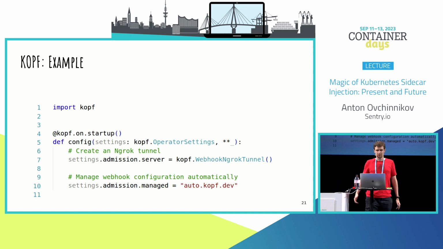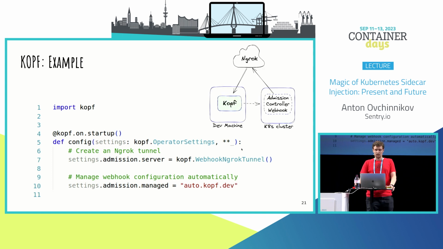In just a few lines of configuration, we initialize the Kopf application. And the cool thing is, Kopf is doing a good job of helping you develop locally. For example, in this case, we actually create an ngrok tunnel. ngrok is the service that allows you to expose your local service on the web.